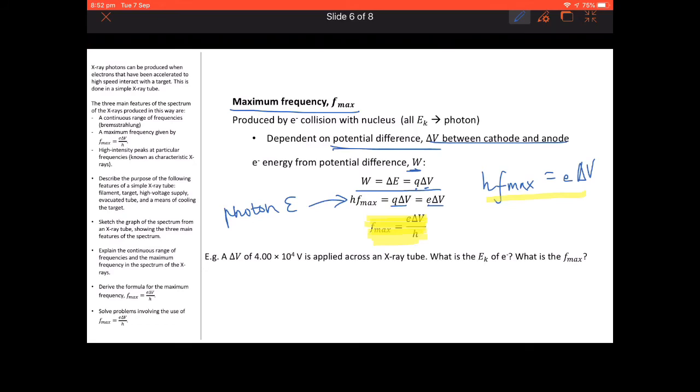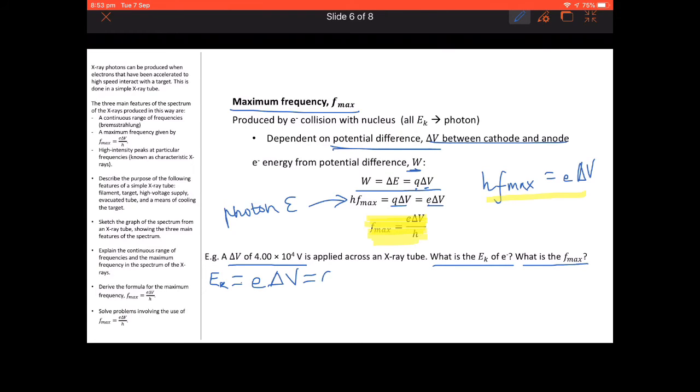If we've got a potential difference of 4.00 × 10^4 volts applied across an X-ray tube, what is the kinetic energy of any electron, and what is the maximum frequency? To work out the kinetic energy, we know that E_K is equal to the charge on an electron multiplied by the potential difference.